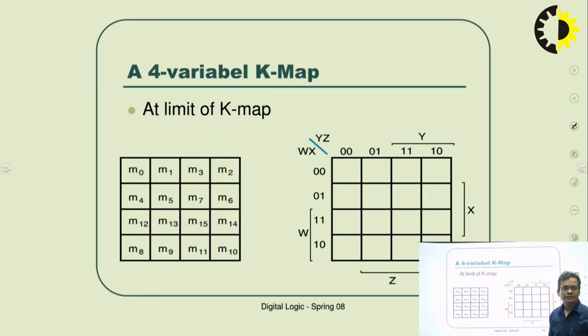Now, a second way of giving your K map is with the use of minterms M0, M1, M2, M3, M4, M5, M6, M7, M8, M9, M10, M11, M12, M13, M14, M15.